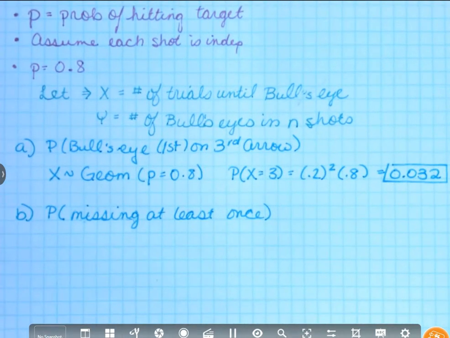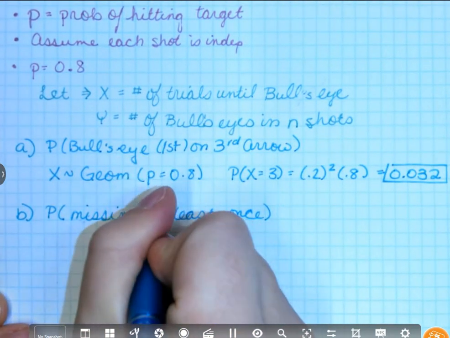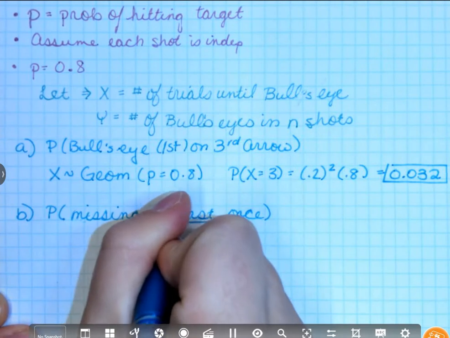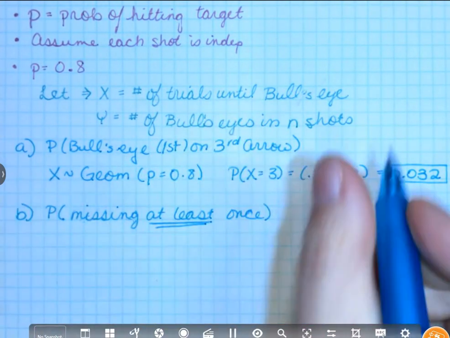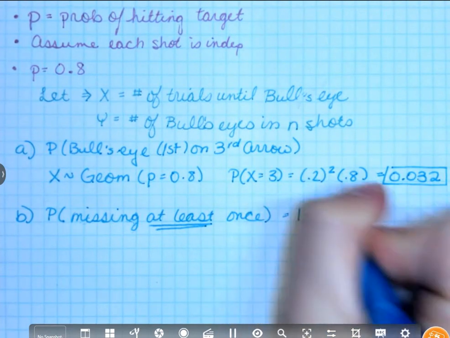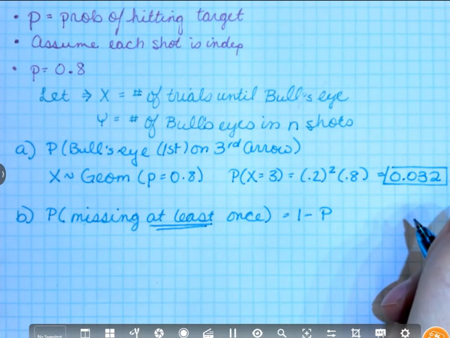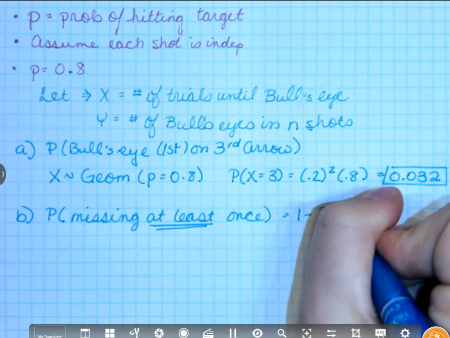Uh-oh. We have that phrase, at least. So when I'm going to be talking about at least, I'm going to do 1 minus the probability of no misses.